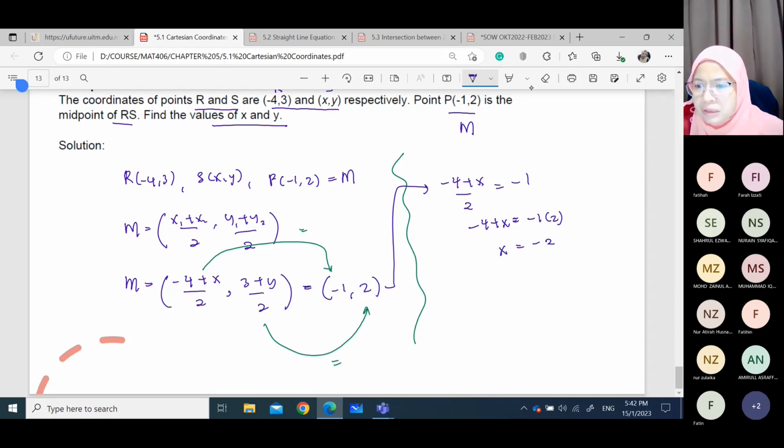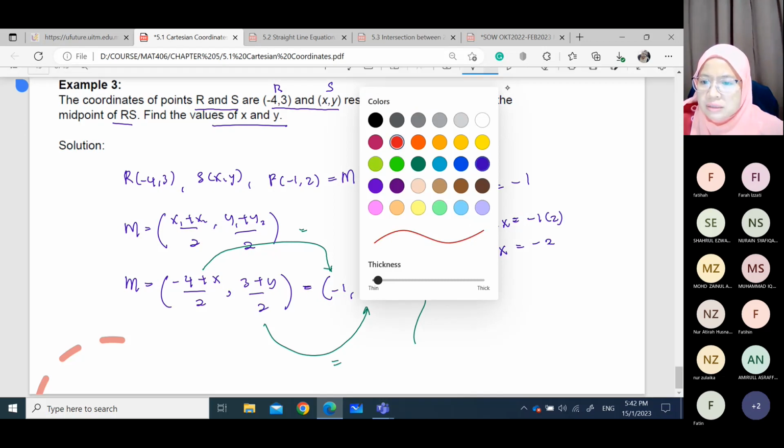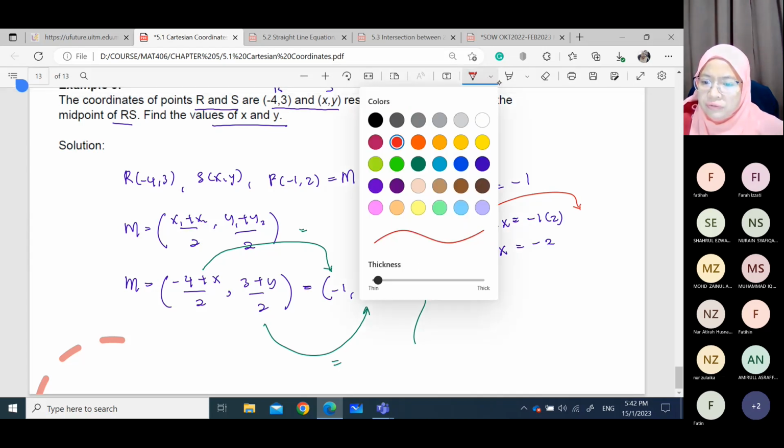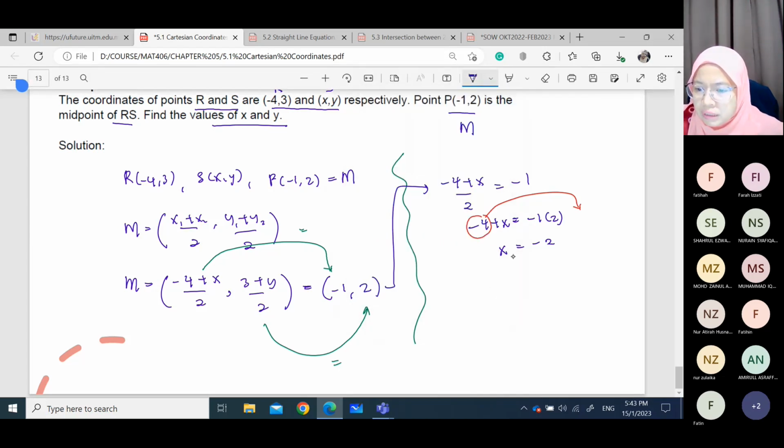So x, negative 4 ni kita bawa ke sebelah dan dia akan jadi positif. Negative 2 plus 4. So we have 2. Alright, so therefore x is 2.